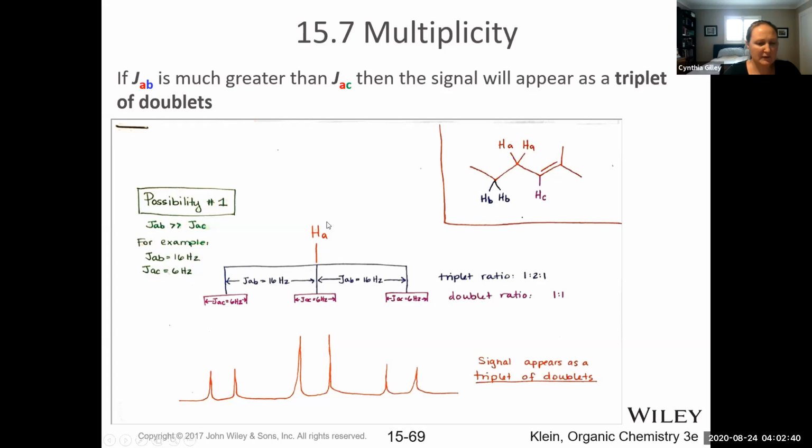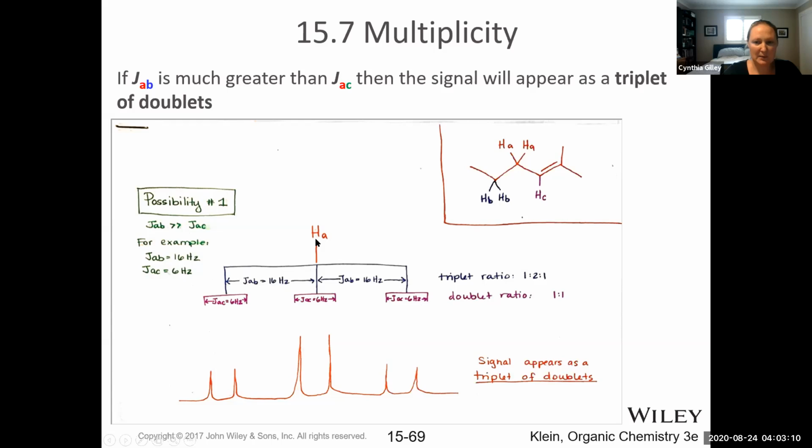First we start out with the signal for HA. Remember, there are two of them. That doesn't matter. That just means that the total integration, or area under the curve, will be a relative value of 2 compared to the other signals. So the peaks are a little bit taller, because they integrate for 2 total hydrogens. Both HA are equivalent, so they produce the same signal, which we call HA.